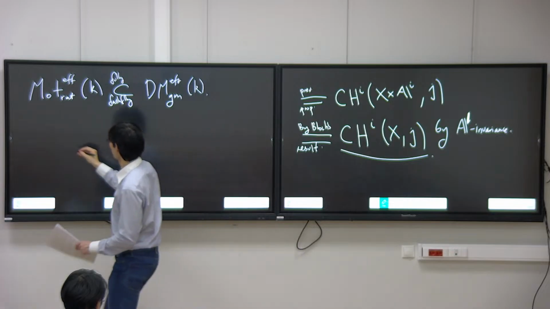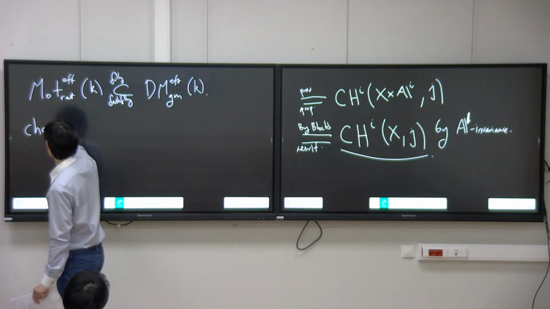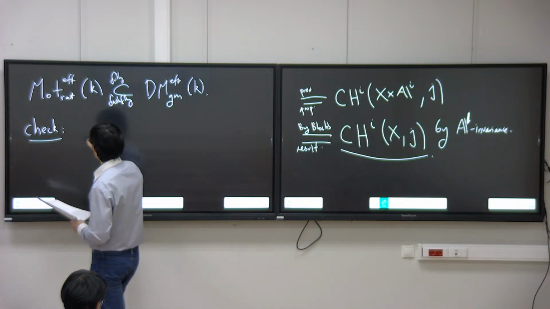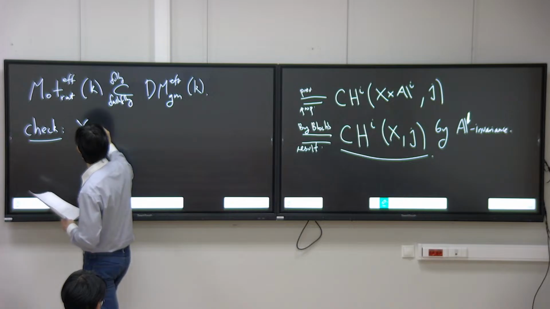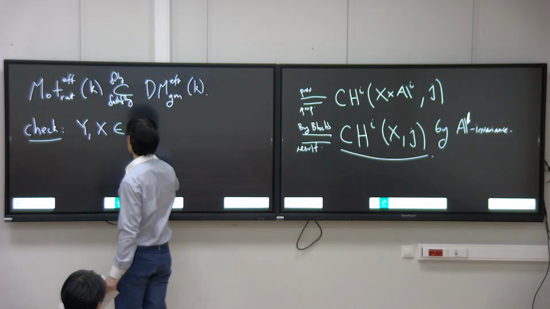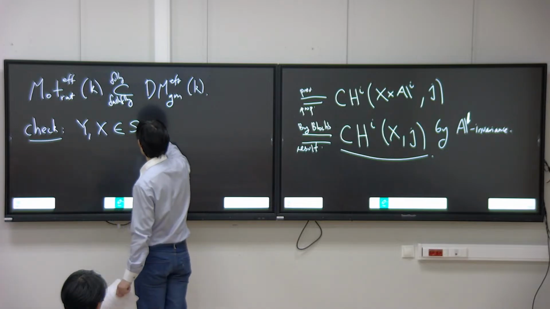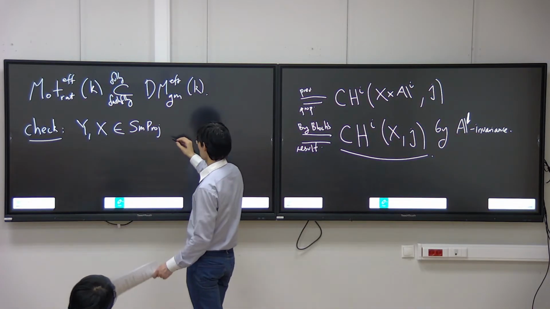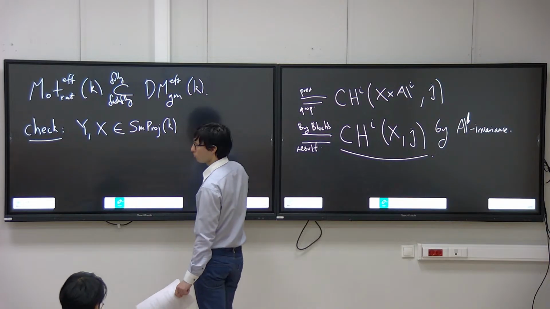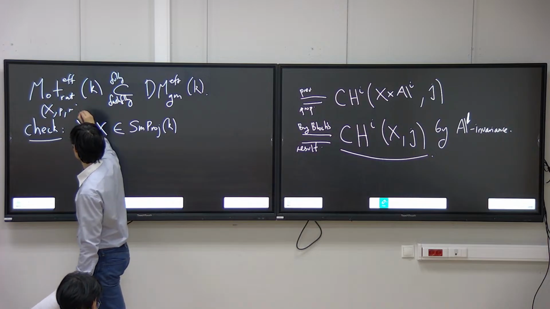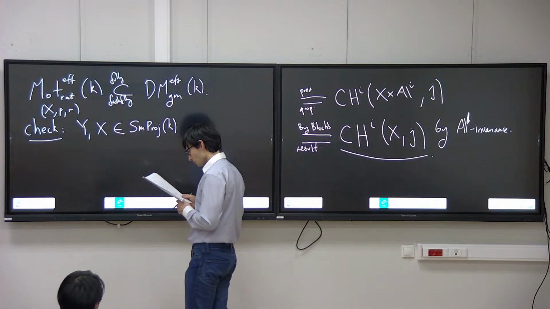So now we have enough to check it. Let's take Y, X smooth projective. These are the guys which generate this category. A typical object in here is X, some projector, and some twist R. So let's just take Y, X smooth projective.